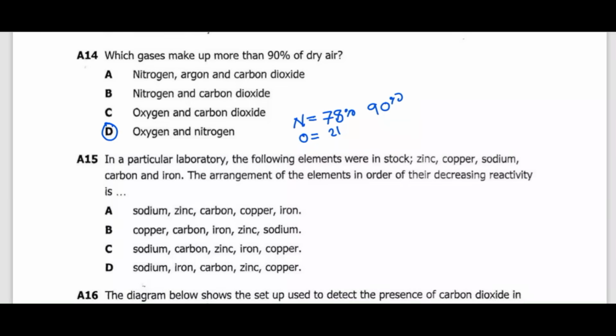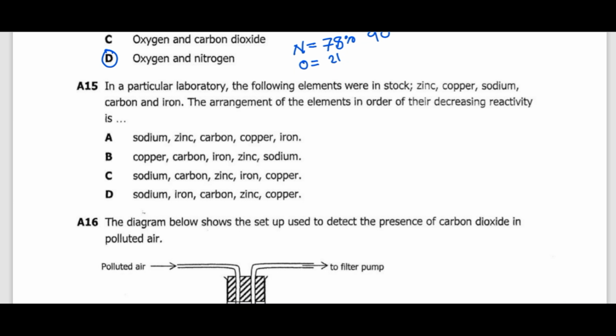Okay, so now let's move on to question 15. In a particular laboratory, the following elements were in stock: zinc, copper, sodium, carbon, and iron. The arrangement of the elements in order of their decreasing reactivity. So first begin with sodium. Sodium is the most reactive, so B cannot be the answer.